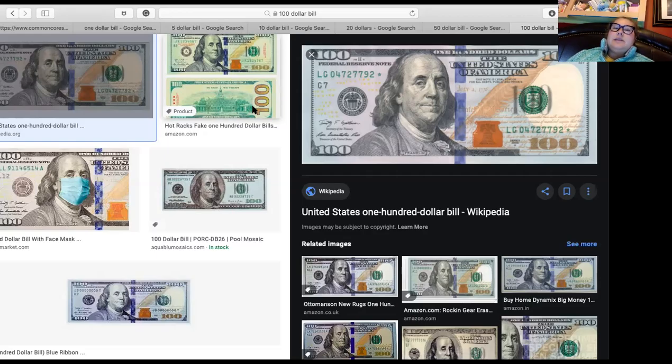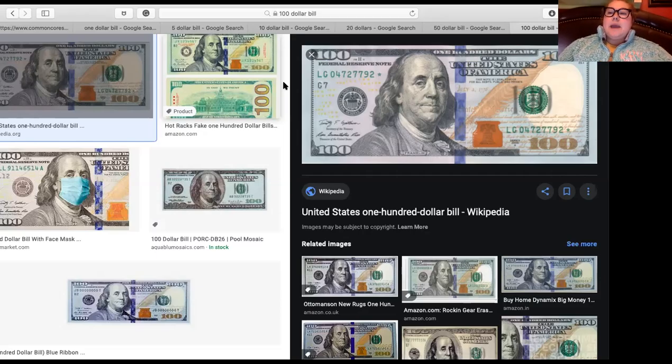Now, let's skip count by tens and see how many $10 bills make 100. So 10, 20, 30, 40, 50, 60, 70, 80, 90, 100. You need 10 $10 bills to make 100.